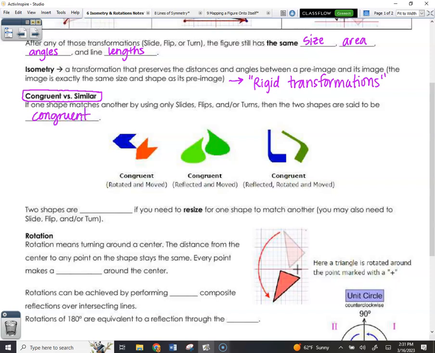If one shape matches another by using just a slide, flip, or turn, then they're called congruent shapes. If one of them has to be resized, made bigger or smaller to match the other one, that's called similar.